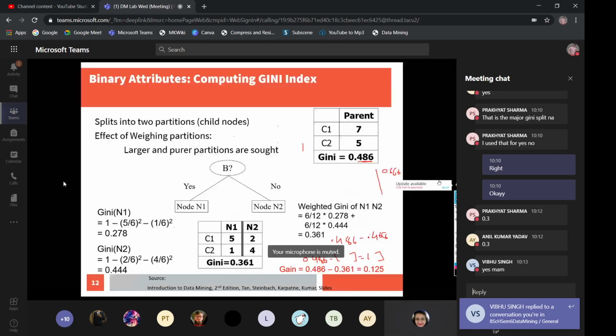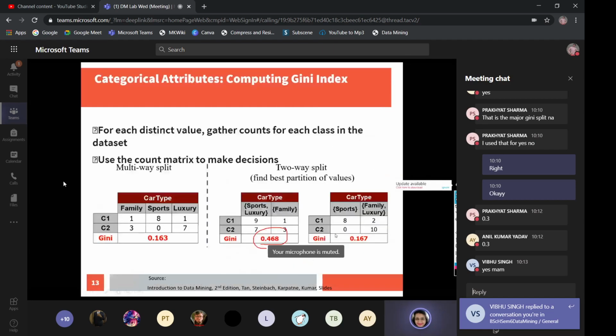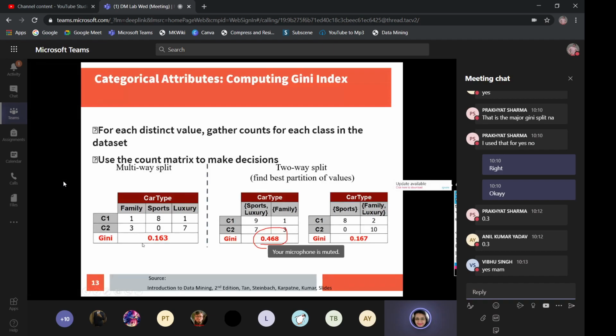So coming back, what they are doing is a multi-way split, like we did for home on marital status. You can do it like this, or you can combine two categories to find the maximum split.